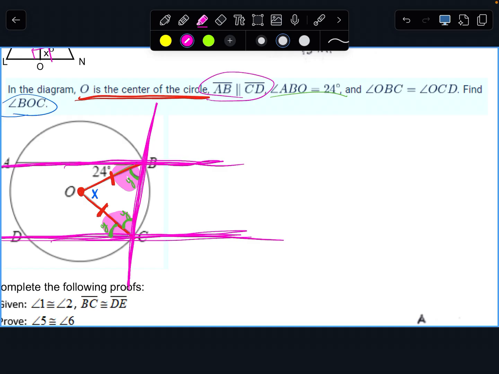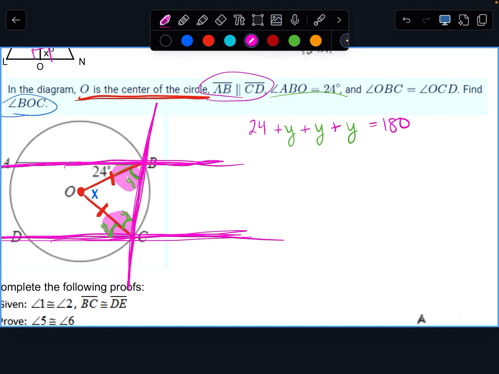Circles, parallel, isosceles triangles in one problem. So what you're going to do is take all that pink highlighted stuff and add them all up to 180. So you're going to go 24 plus Y plus Y plus Y equals 180 because they're same side interior angles.